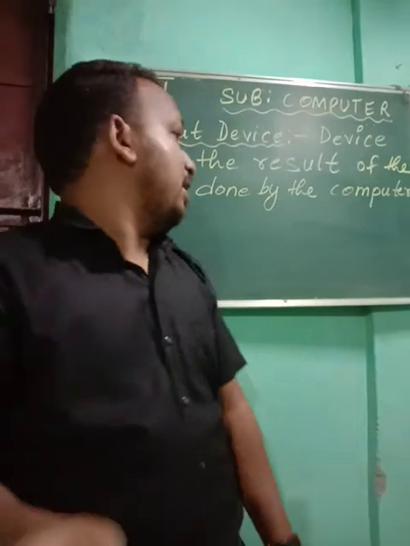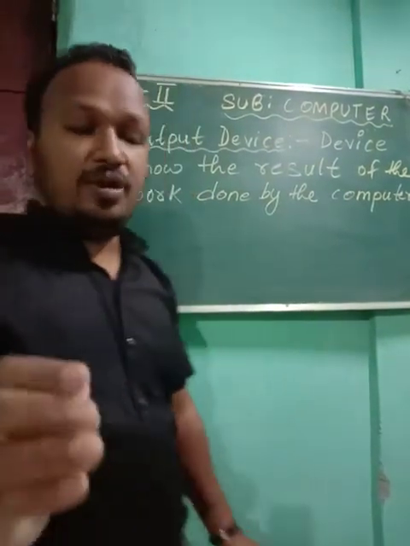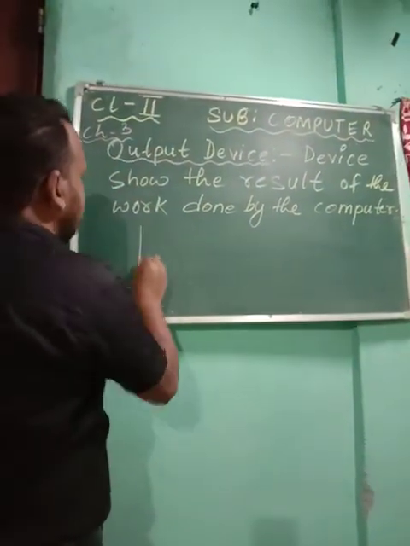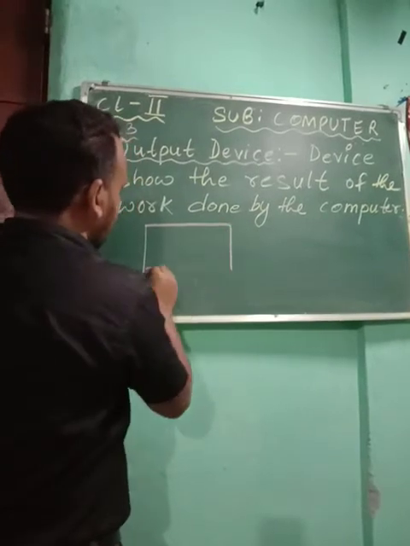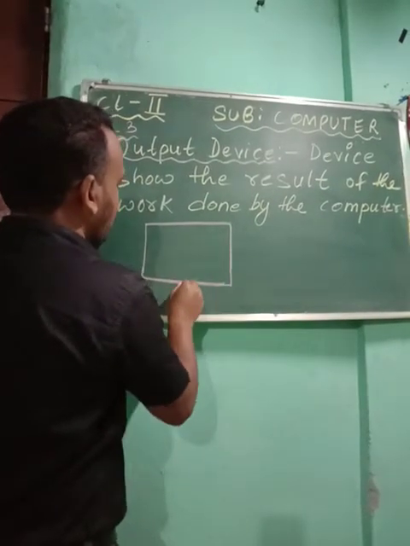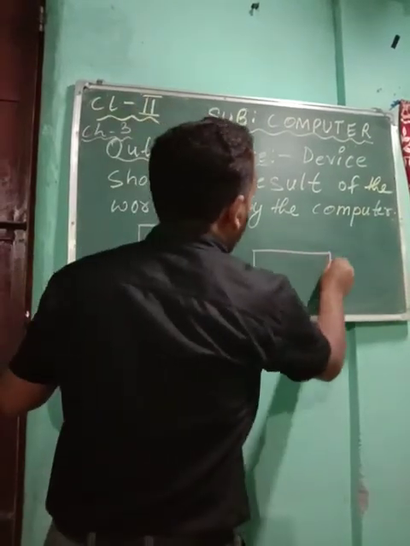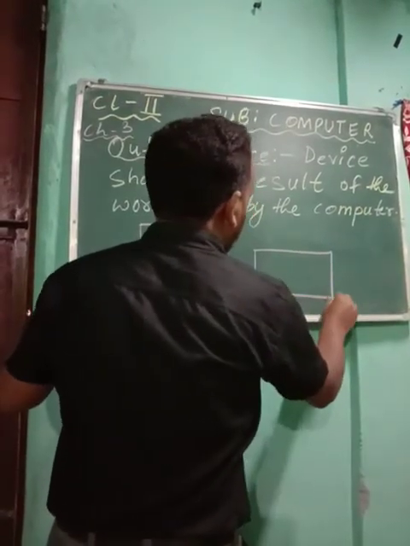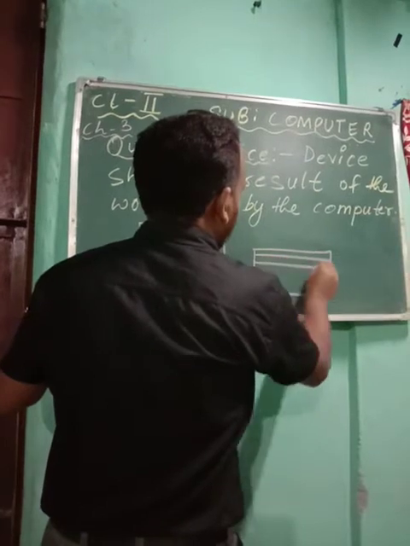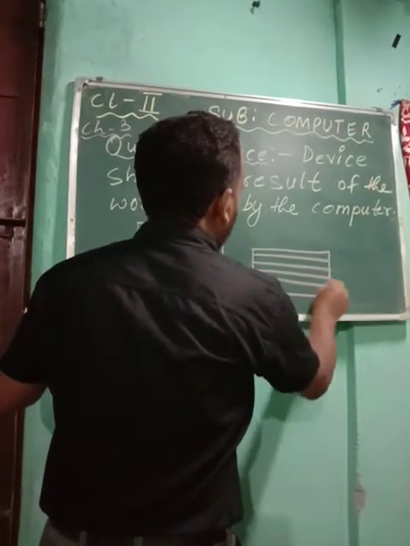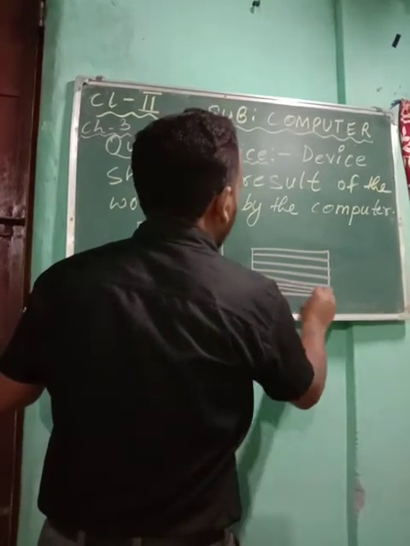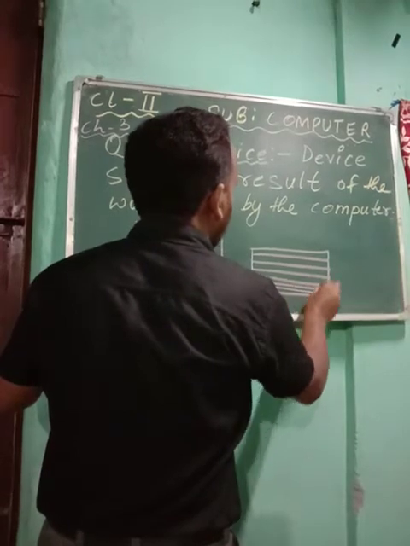I'll draw a diagram and show you. Please look at the blackboard. Suppose this is your monitor screen, and this is your keyboard. Please look very carefully. When we want to write a name, we type on the keyboard.